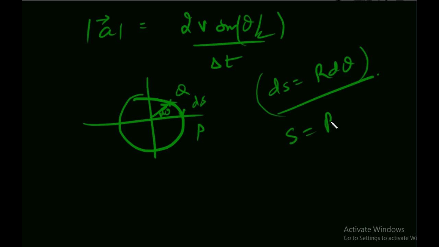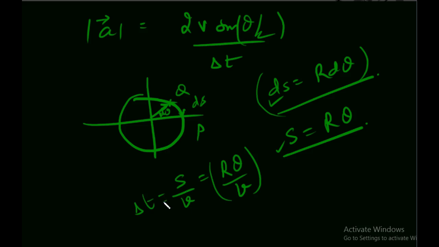So s would be equal to r theta for a small angle. Now, what would be delta t? Delta t would be equal to s upon v. This would be equal to r theta by v, right?